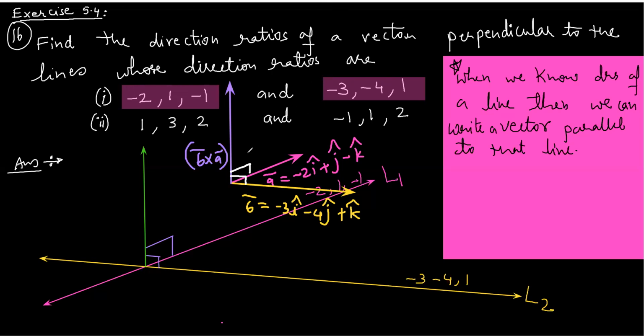So in that case, what would you do? You will find DRs, and from DRs, you will find DCs. The method to find DCs from DRs had already been given to you in earlier videos.